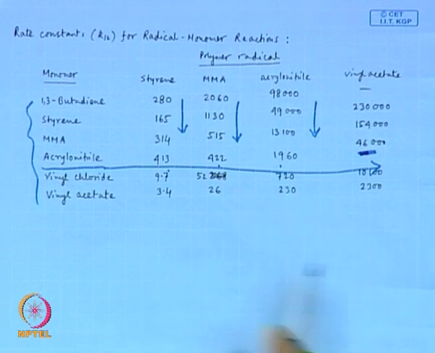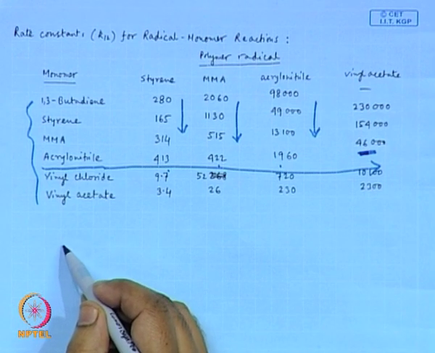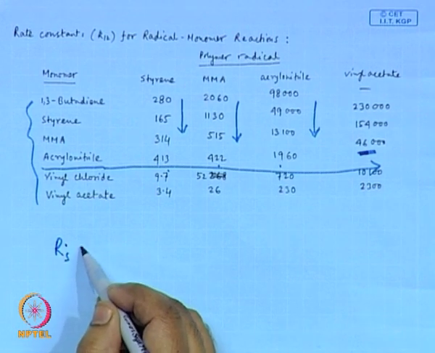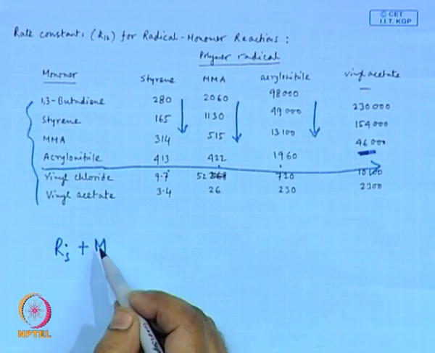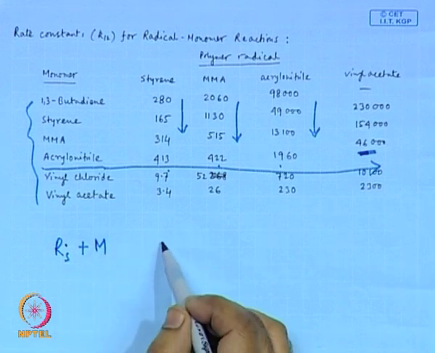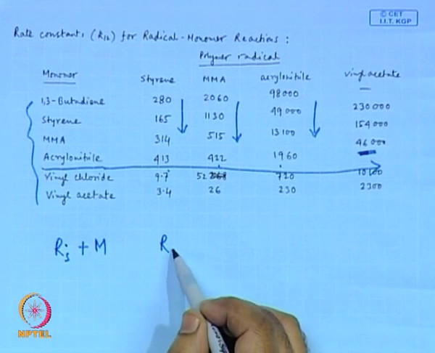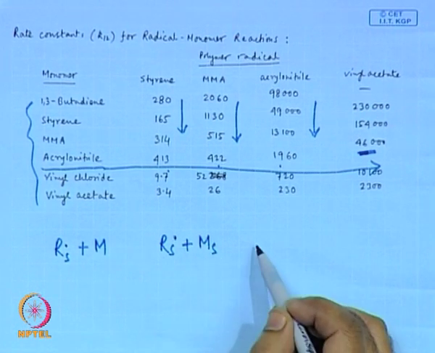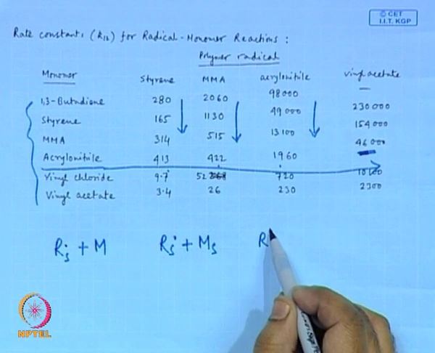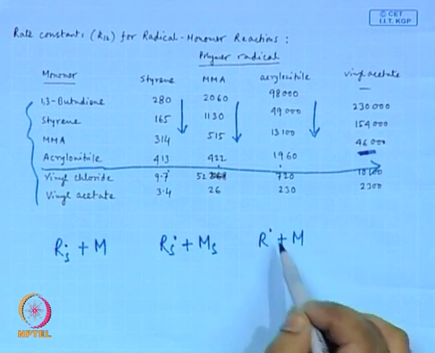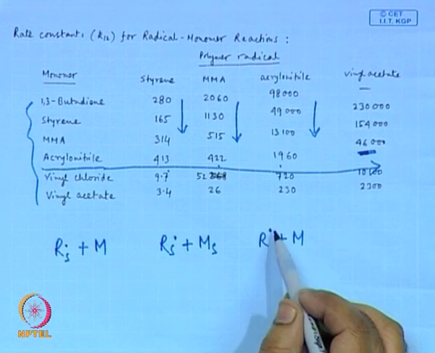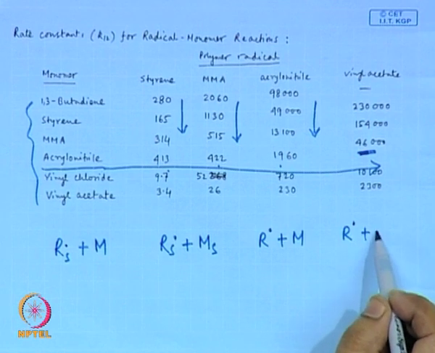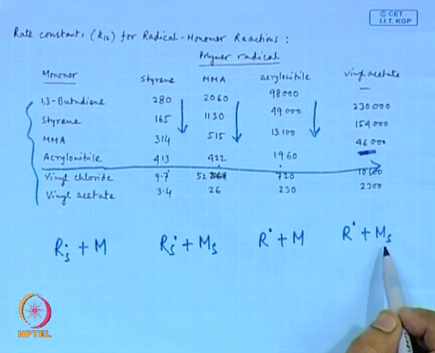So, basically if I want to differentiate, where you have a stabilized radical and a not stabilized monomer, a stabilized radical plus a stabilized monomer, a not stabilized radical and a not stabilized monomer, a not stabilized radical and a stabilized monomer.